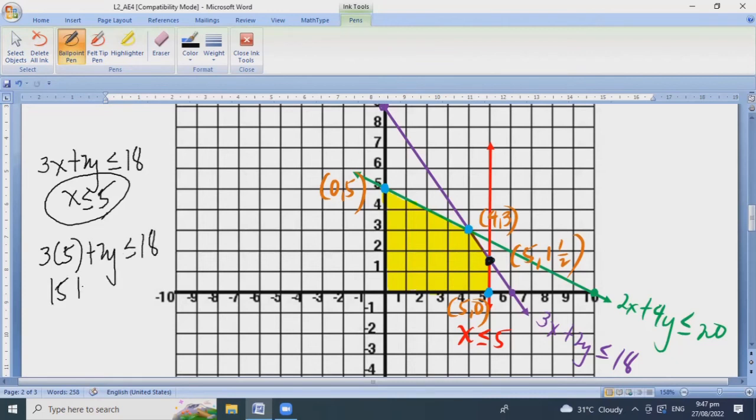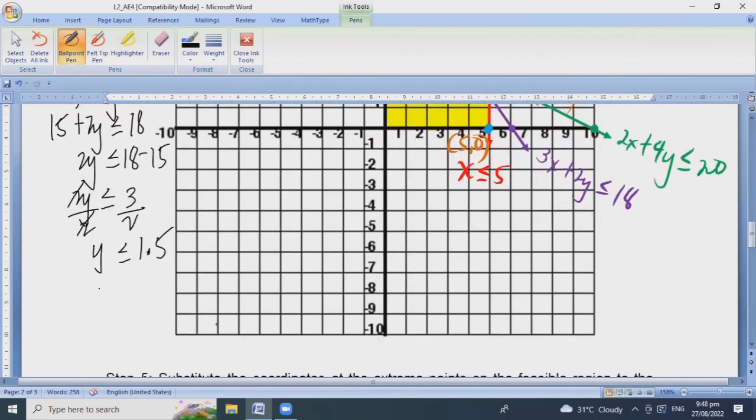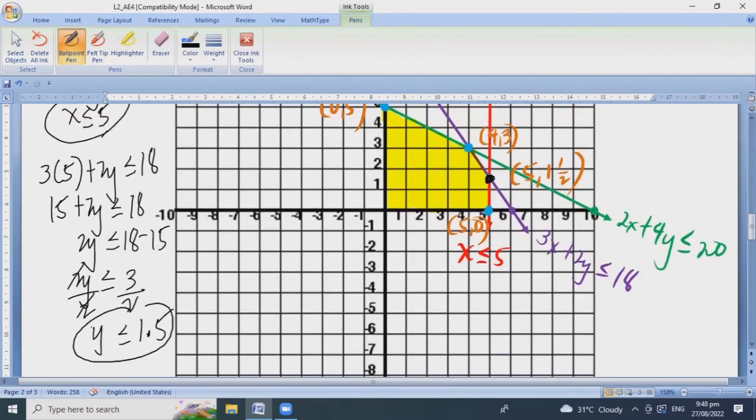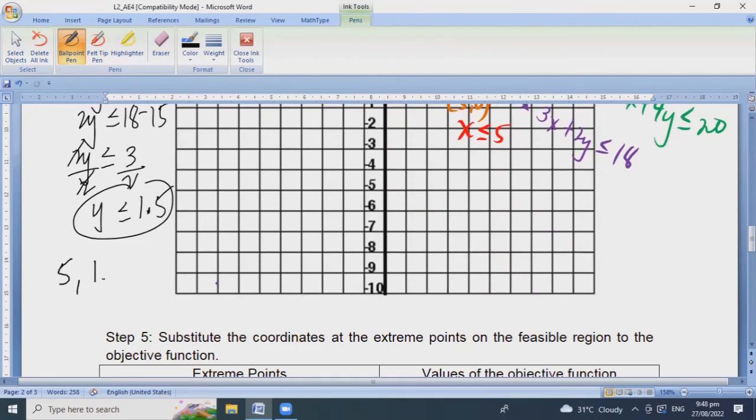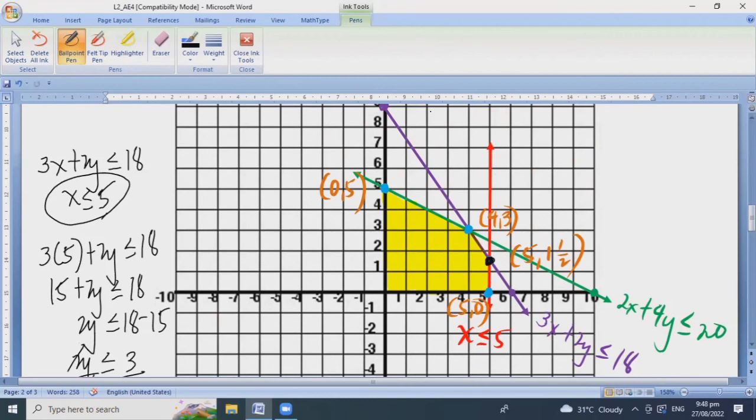So, 15 plus 2y less than or equal to 18. Transpose 15 on the right, so magiging negative. Then, 2y less than or equal to 18 minus 15 is 3. Divide both sides by 2. So, y less than or equal to 1.5 or 1 and a half. So, tama. Now, ordered pair mo ay 5, 1.5. Tama yung pag-graph natin.